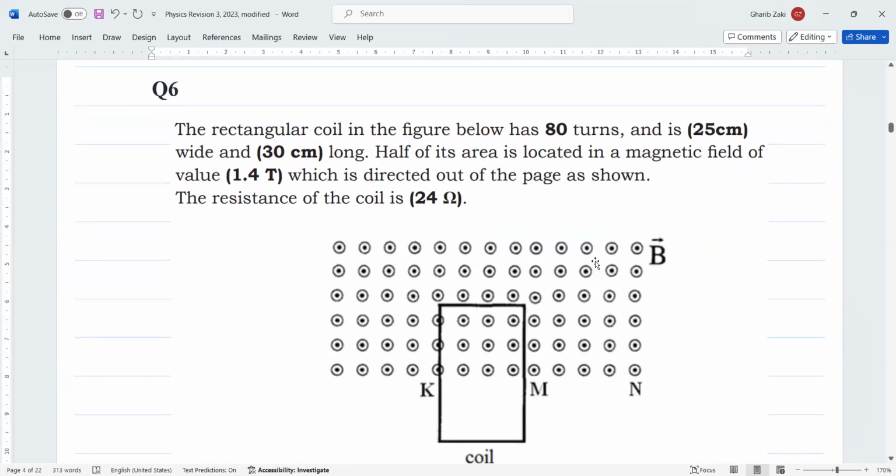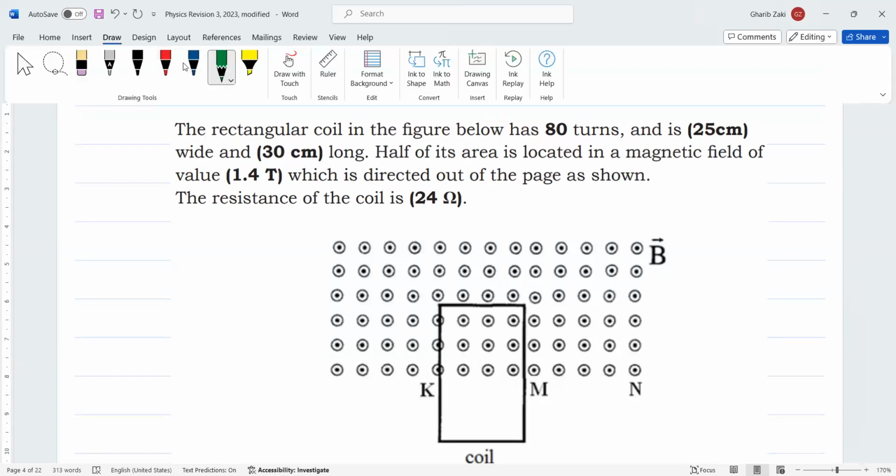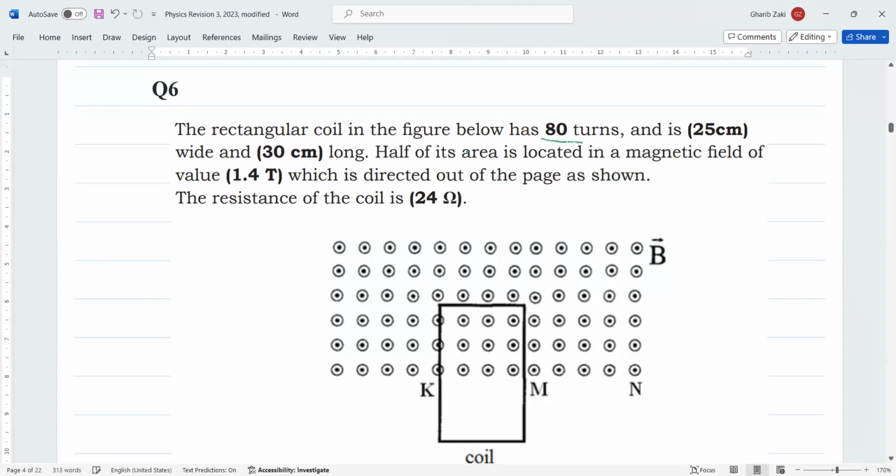Read the question. Be careful. And here, it said rectangular coil in the following figure has 80 turns. So we have N, the number of turns, 80. So this is N. And the coil is 25 centimeter wide and the 30 centimeter long. So this is 25, and this is the length here, it is 30.